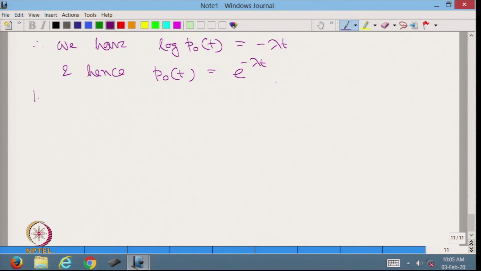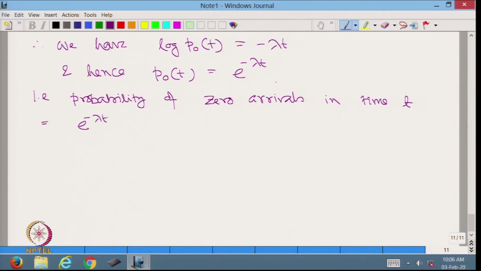That is, the probability of 0 arrivals in time t is equal to e to the power minus lambda t, which is equal to e to the power minus lambda t times lambda t to the power 0 upon factorial 0.